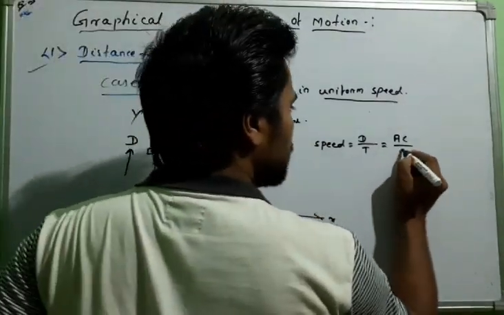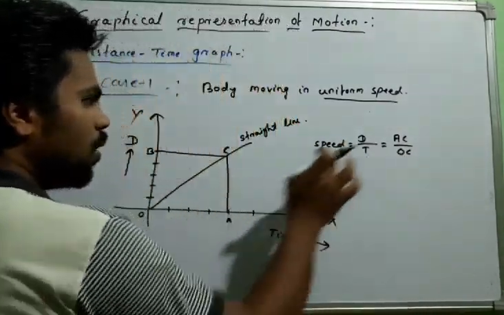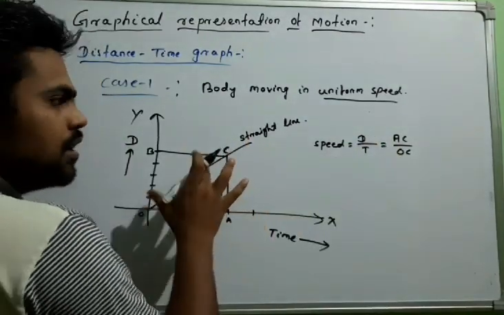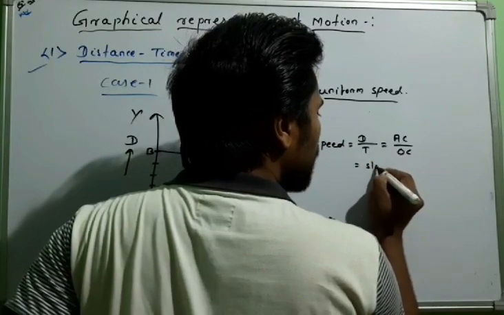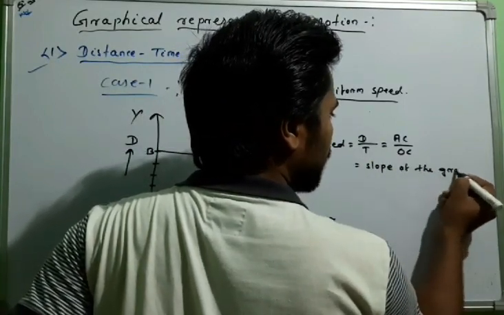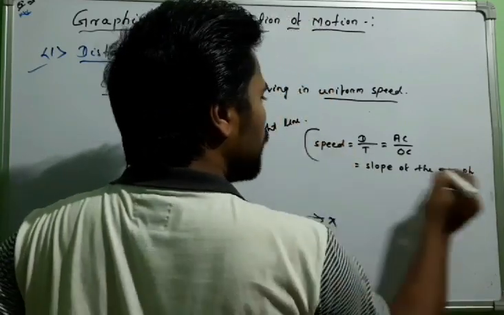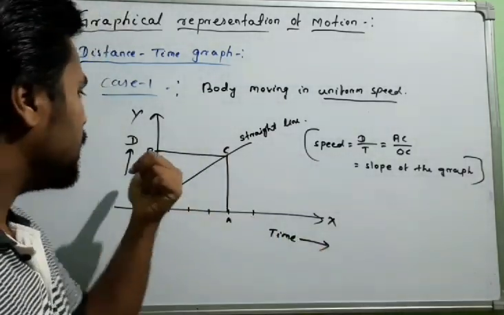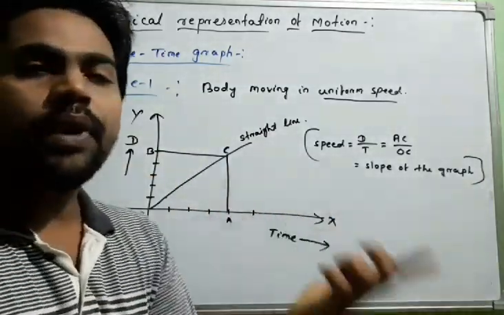OA. So AC divided by OA is equal to speed, and that is equal to the slope of the graph. That means what we got here? The slope of the distance versus time graph represents speed.